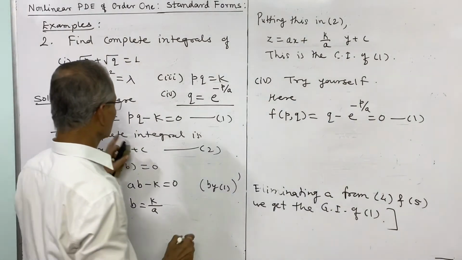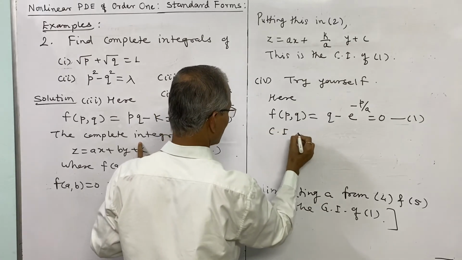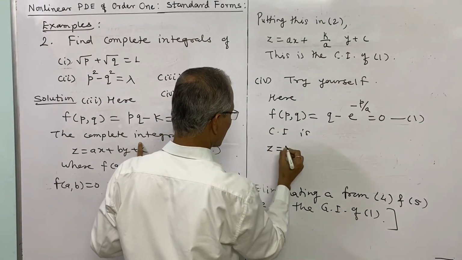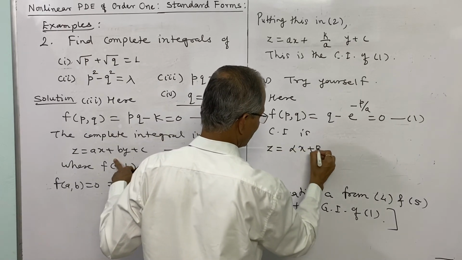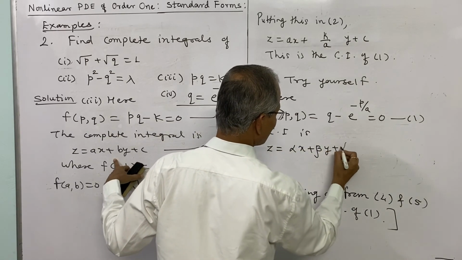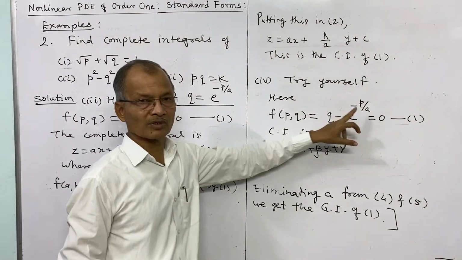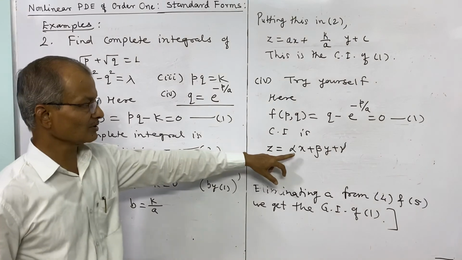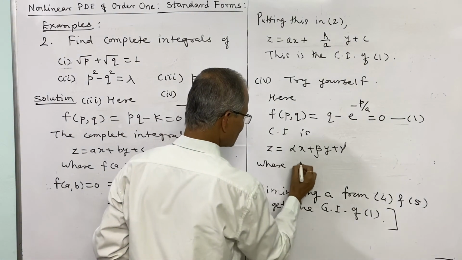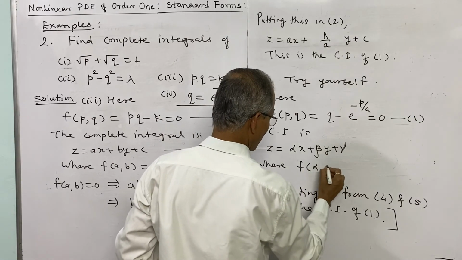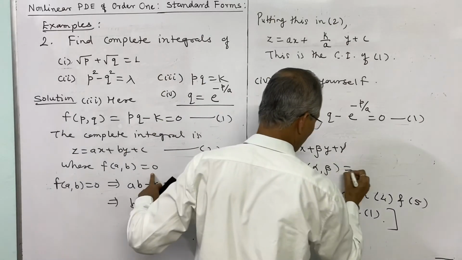And what about the complete integral? We should assume z is equal to, instead of a, b, c, you may use alpha, beta, gamma: alpha x plus beta y plus gamma. Why is this the change? Because a is there in the original equation, so we can't use a again. And instead of a and b, it is alpha, beta, where f of alpha, beta is equal to 0.